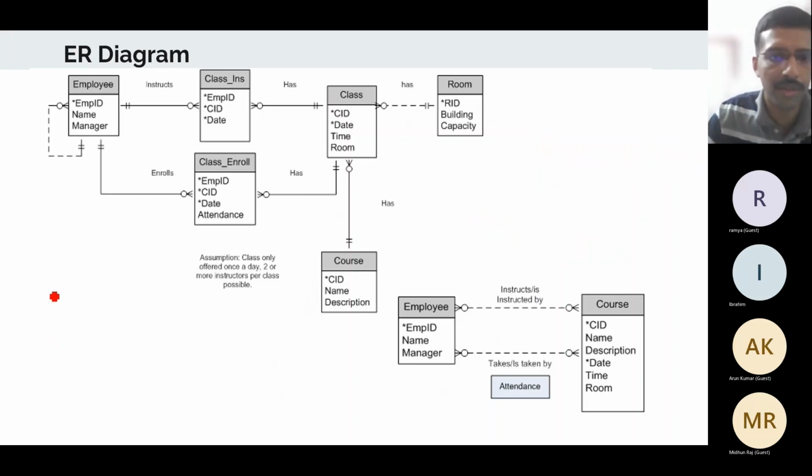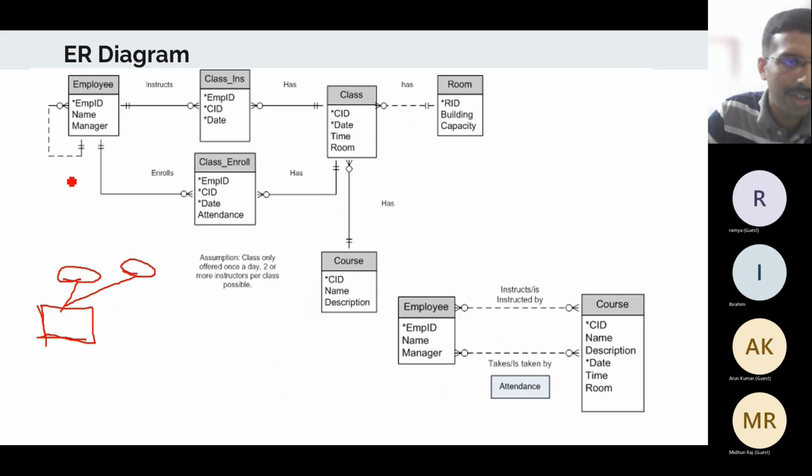So let's try to see maybe a subset of this. Maybe this first left half only we will see. So suppose there's an employee. In this case, earlier we were representing entities like this, when we were representing attributes like this.